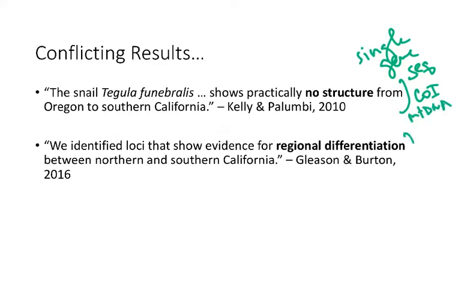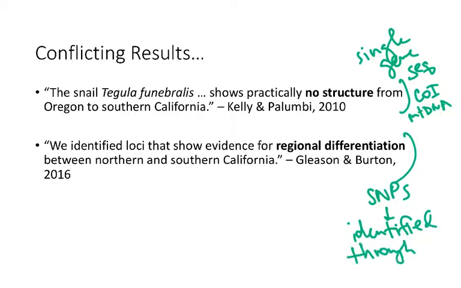In my study, what I did is I used SNPs that were identified through RADseq, which is a type of high-throughput sequencing. And another thing I want to point out is the dates that these papers were published.